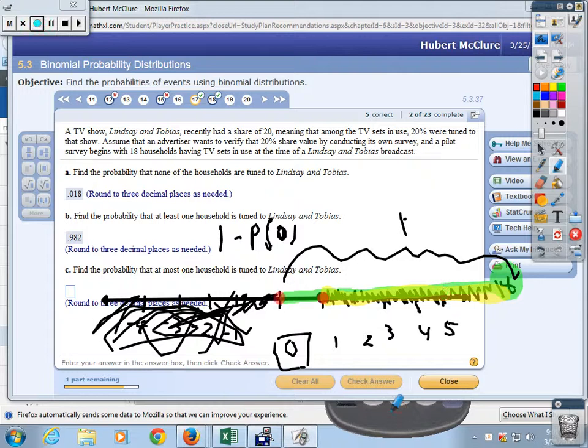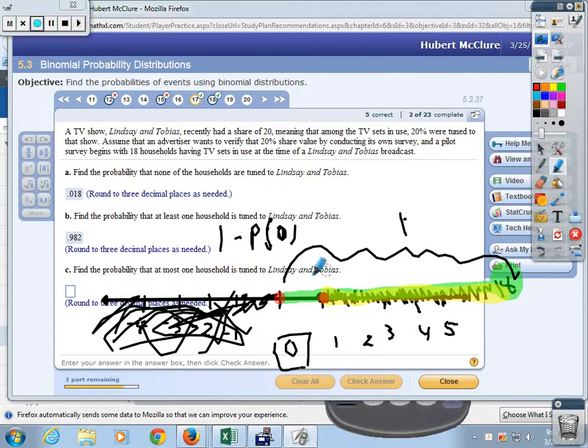So that is at most 1. In other words, whatever your base is, which is 0, plus whatever number is at most. So if you had at most 3, it would be 0 plus 1 plus 2 plus 3. If you had at most 5, it would be 0 plus 1 plus 2 plus 3 plus 4 plus 5. At most means that that's the largest number that you have.